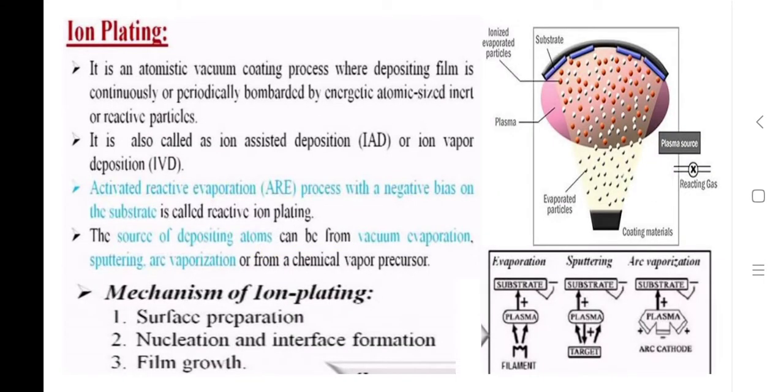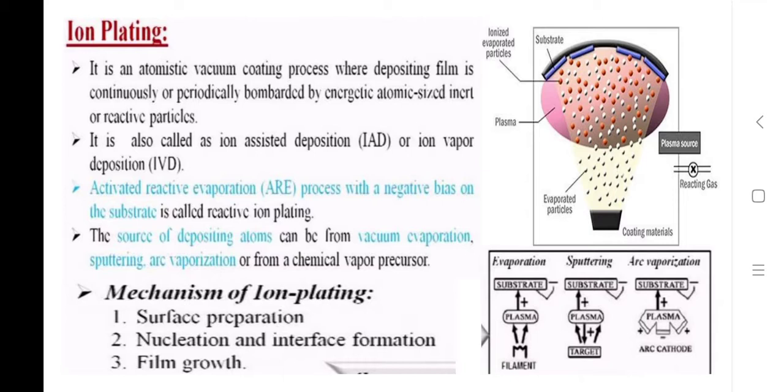Let us discuss ion plating. It is an atomistic vacuum coating process where the depositing film is continuously or periodically bombarded by energetic atomic-sized inert or reactive particles. Here we are not putting any kind of heat, electron beam, or laser. We are using energetic atomic-sized inert or reactive particles, bombarding onto the source material, and then doing the coating onto the substrate.